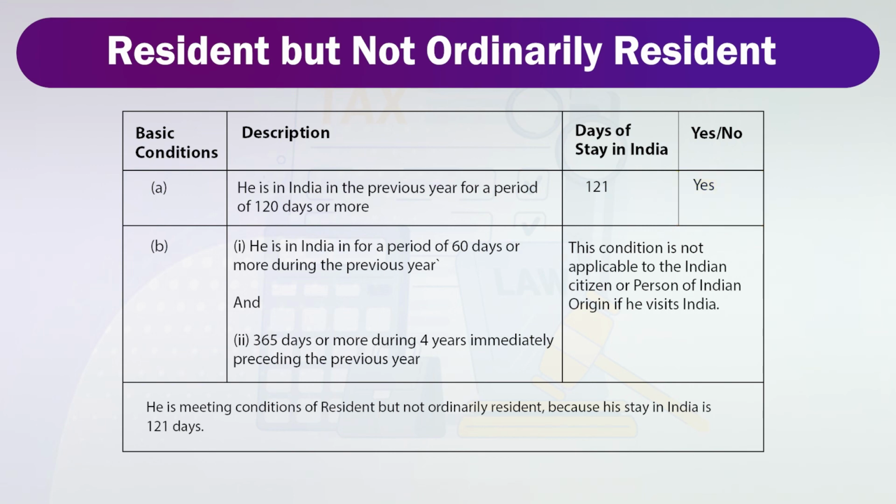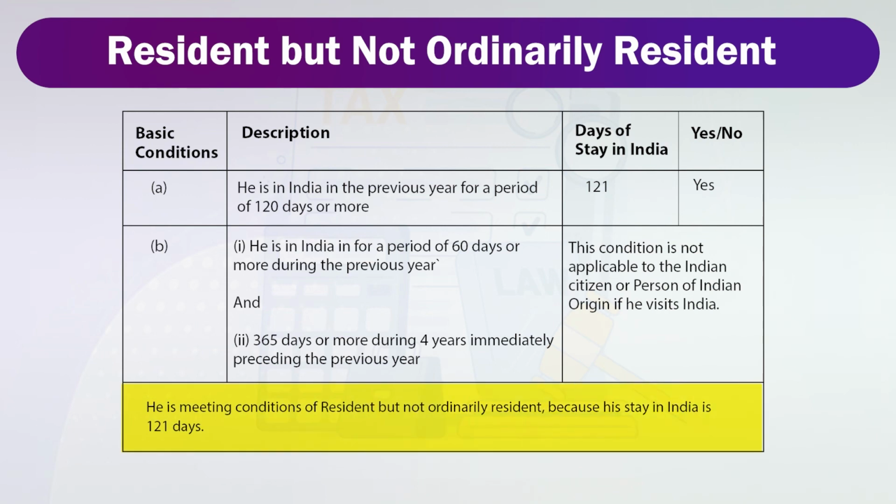Basic condition B: he is in India for a period of 60 days or more during the previous year and 365 days or more during 4 years immediately preceding the previous year. This condition is not applicable to an Indian citizen or person of Indian origin if he visits India.